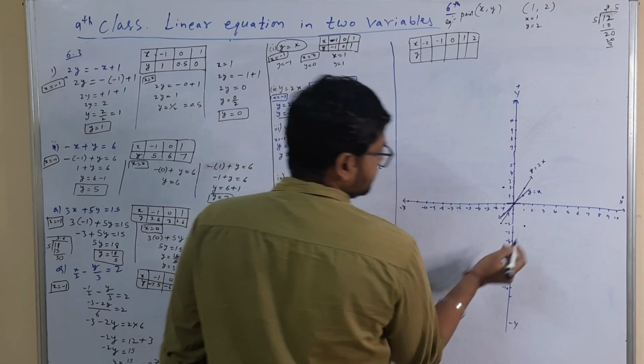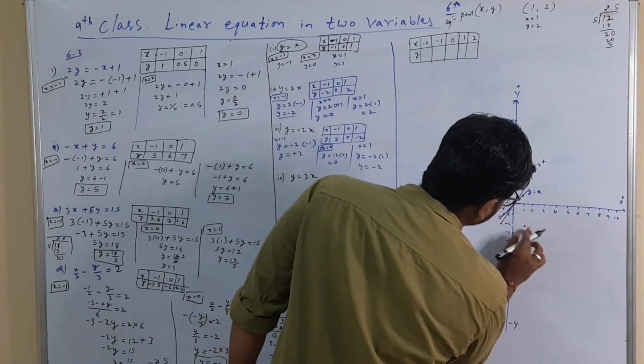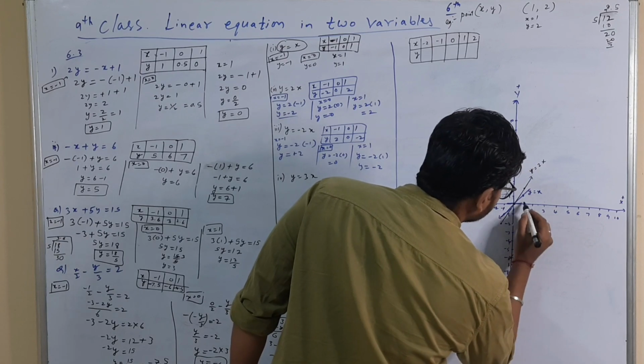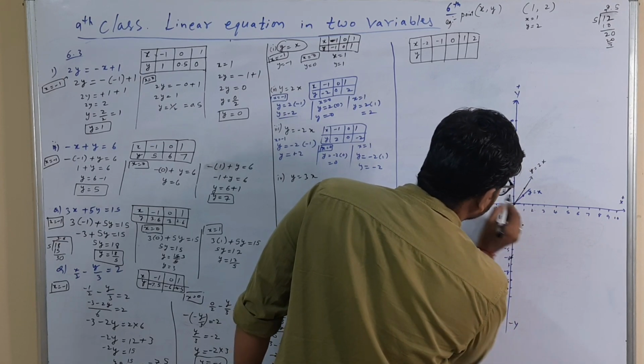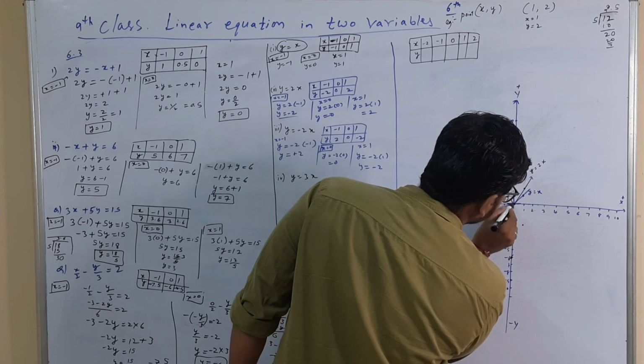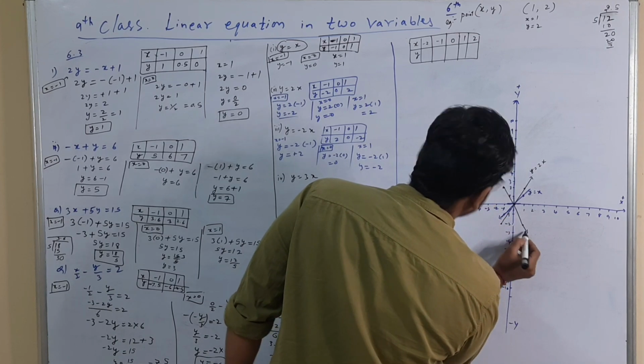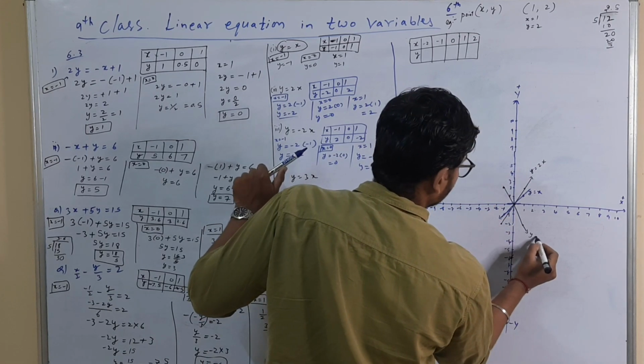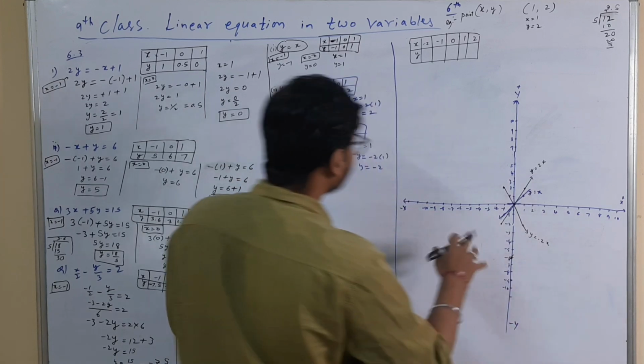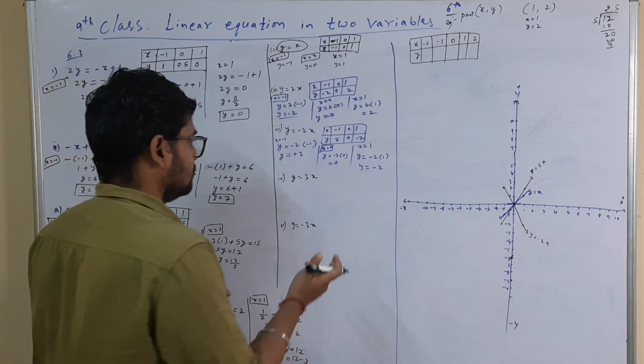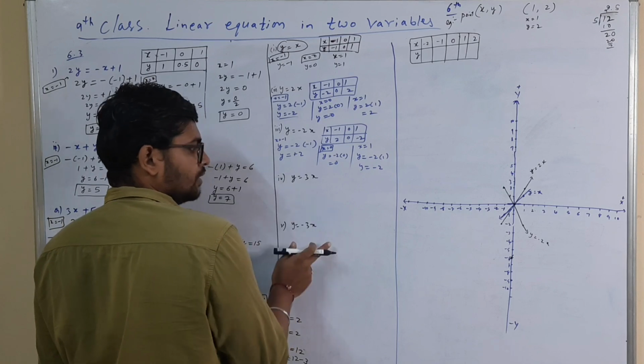So we get a line like this. Okay, so this line is y is equal to -2x. Like this we can do all of them. Okay, so I'll do this one. This one you try.